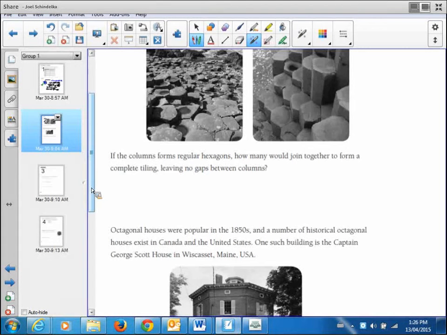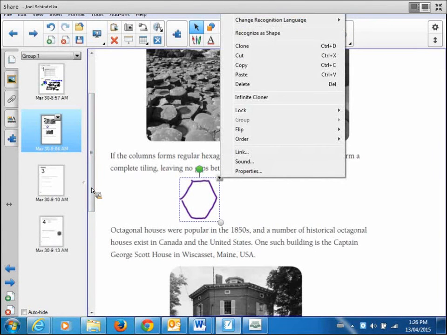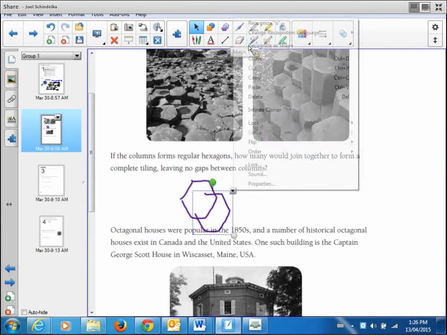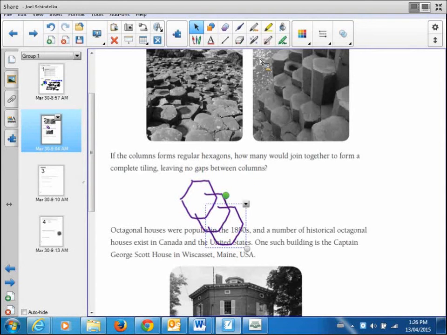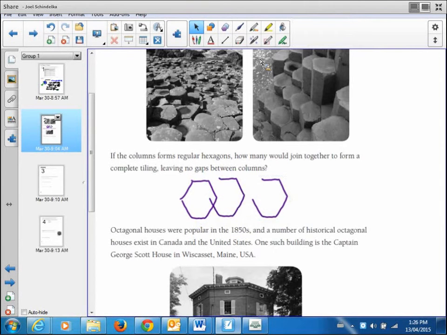So meaning, if I have one, and I haven't drawn this perfect, but then I'm going to duplicate this twice. How would you connect this to another one?